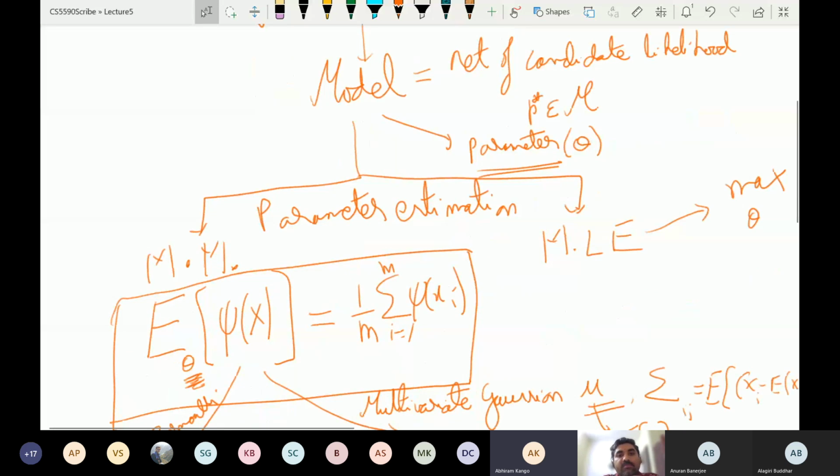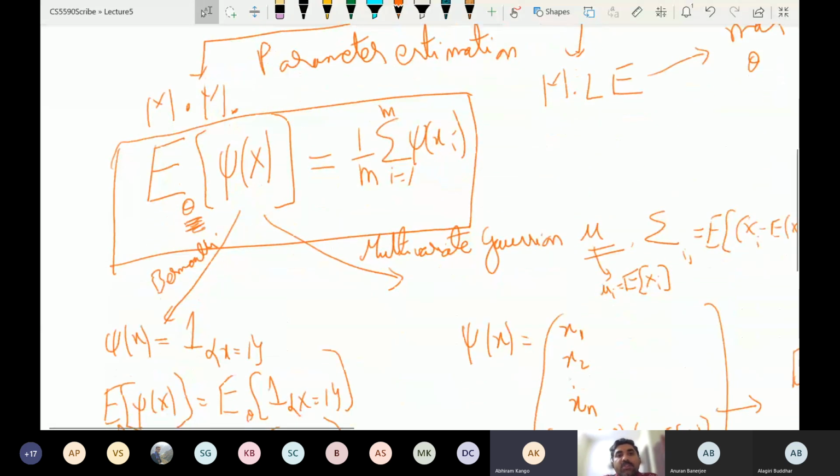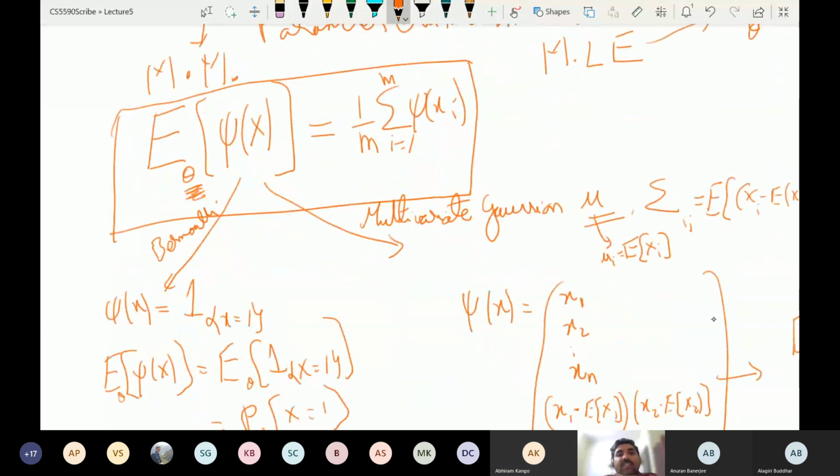Averaged over all the samples. Yeah, so you basically equate the true expectation to the average value of the same function, right? So if you are trying to estimate expectation of x square, then you will equate it to the average value of x square. That's all, right? So that's what this equation is saying. The only question is which psi function will you use?